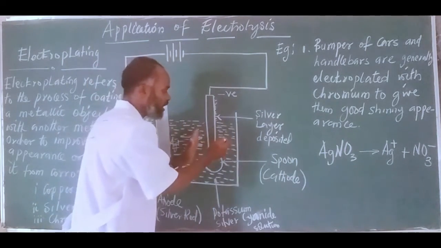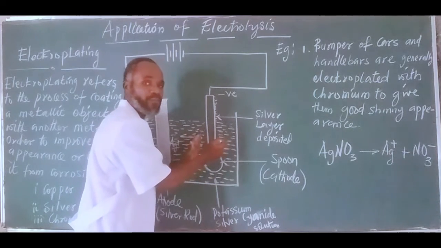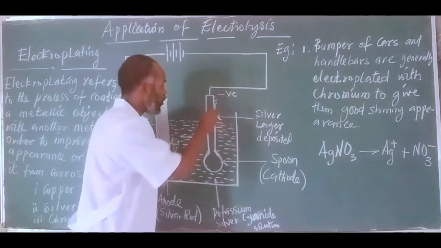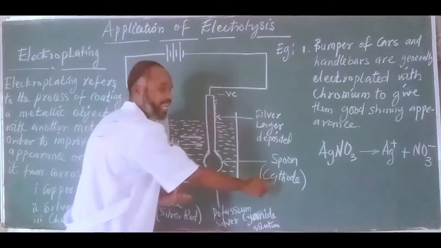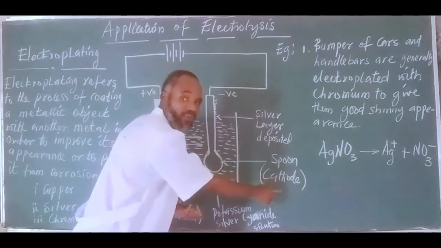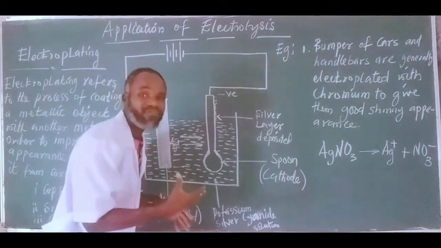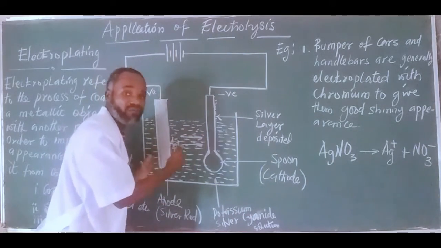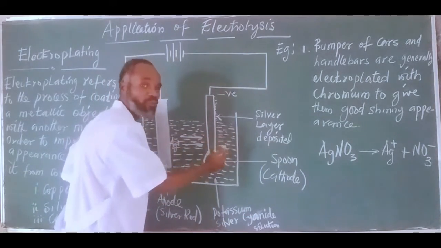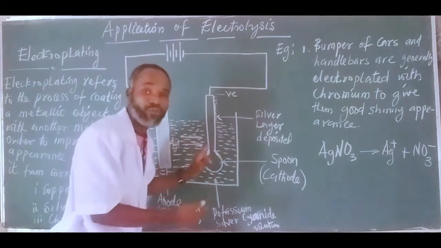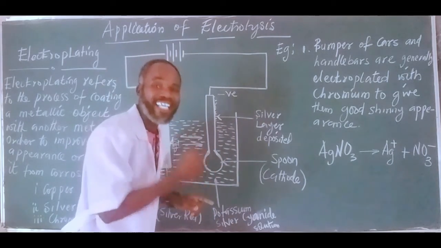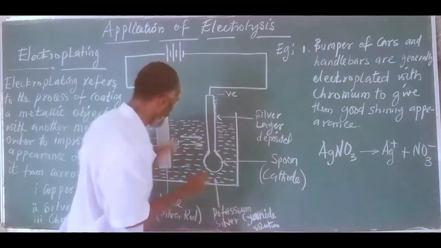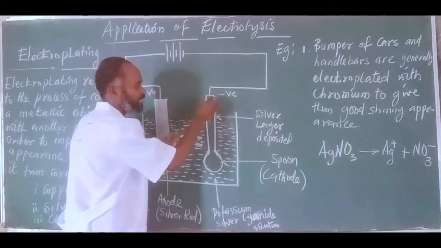The spoon, being used as cathode, is negatively charged. So positively charged ions will drift towards the cathode, because the cathode, the spoon, is negatively charged. So when they drift to the spoon, they deposit there.